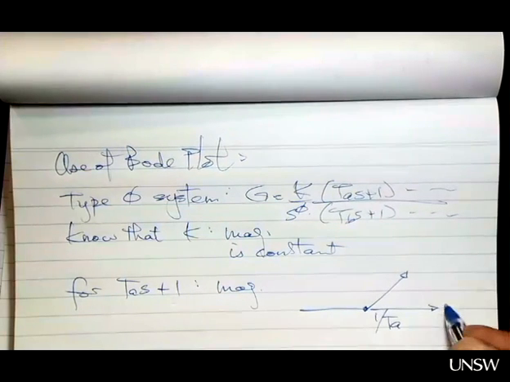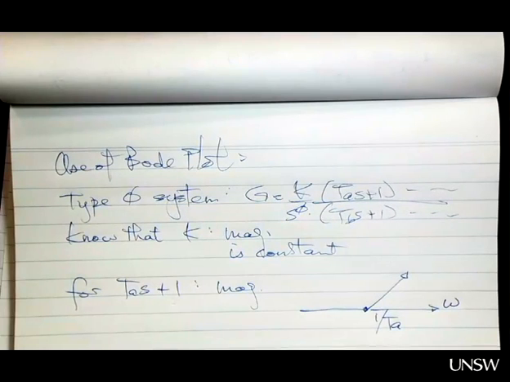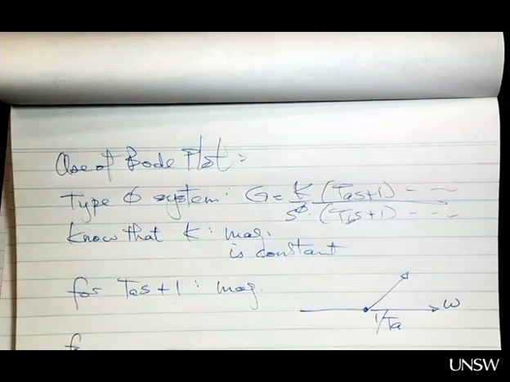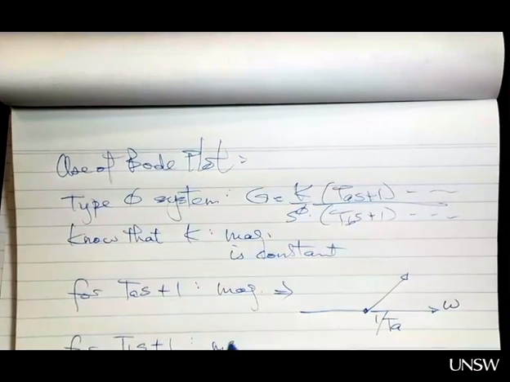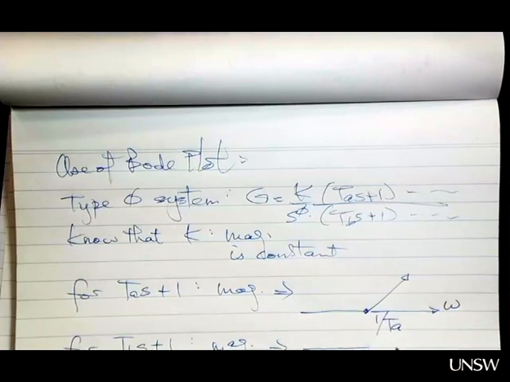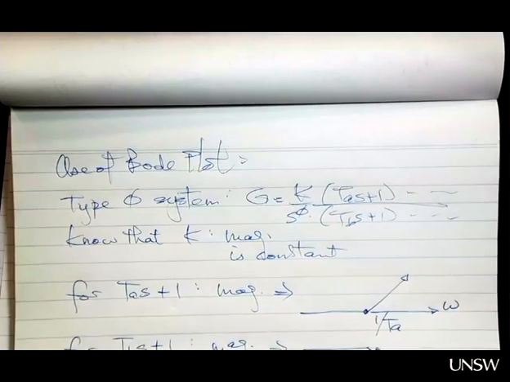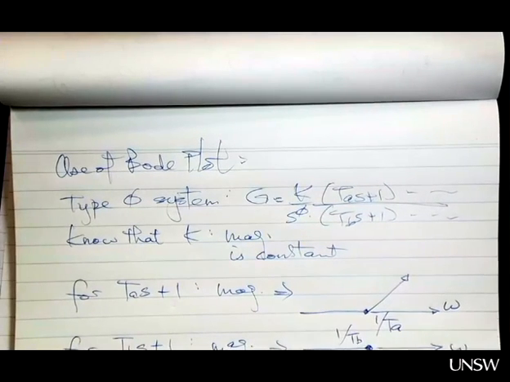So this is the frequency axis. And for T_B s plus 1, the magnitude would look like this, and this point is 1 over T_B, it is decreasing.